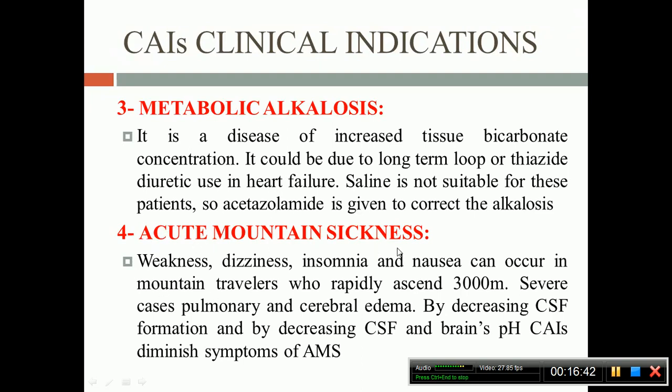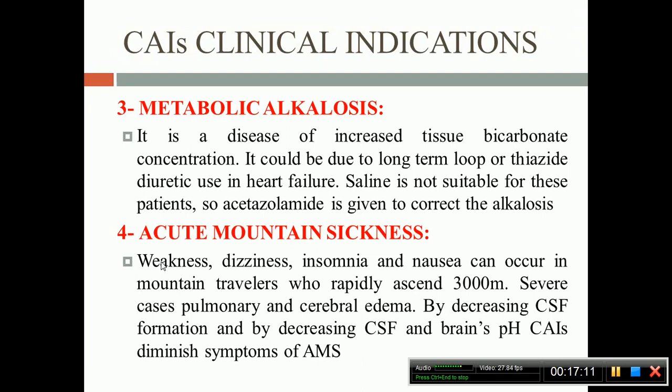So acute mountain sickness is another indication. So what is mountain sickness? Weakness, dizziness, insomnia and nausea can occur in mountain travelers who rapidly ascend 3000 meters. 3000 meters you can relate to Lake Saif-ul-Malook, which is around 3000 meters. So rapidly ascending means without acclimatization.